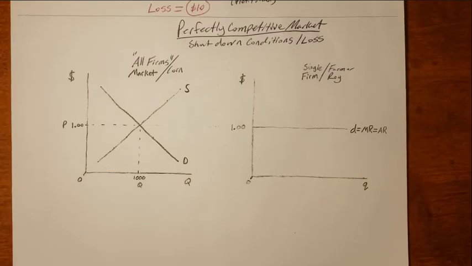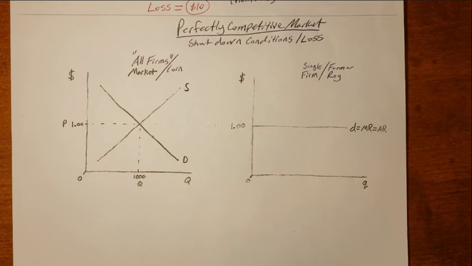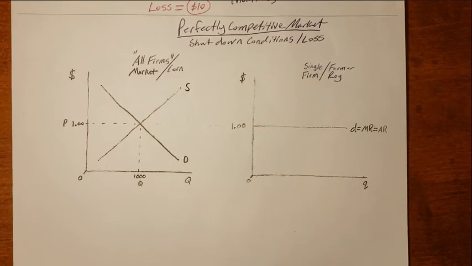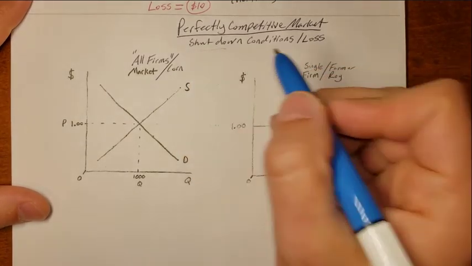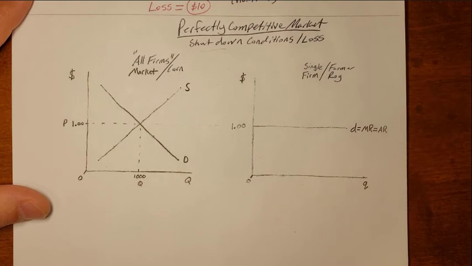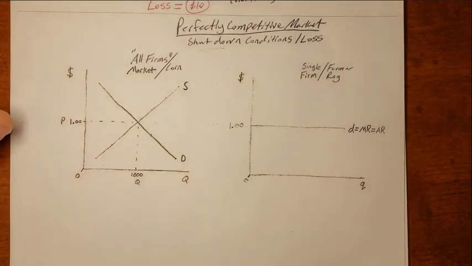Now the final situation that we could run into, and final condition that a perfectly competitive firm may face, is what we call shutdown conditions. Shutdown conditions are where the firm is facing a loss, but they might actually save money by shutting down rather than remaining open at a loss.